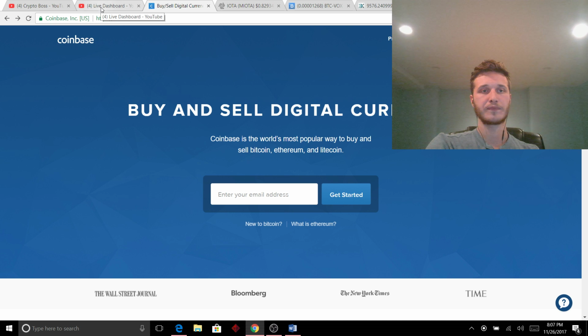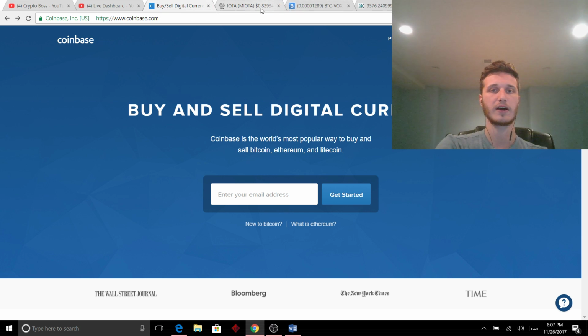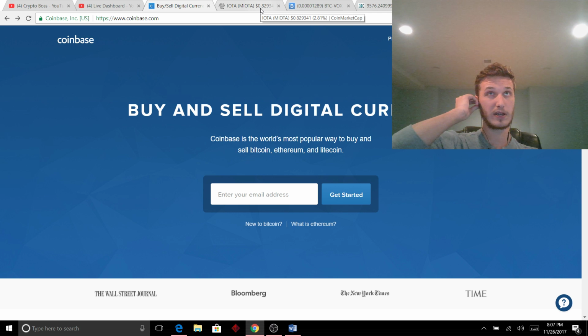And so it'll cost you $8 to move the Bitcoin off. I don't know if it gets a little bit cheaper. The last time I moved Bitcoin off, I moved $250 worth of Bitcoin off, and it cost $8 and a few cents. And the last time I moved Litecoin off, it was significantly less.